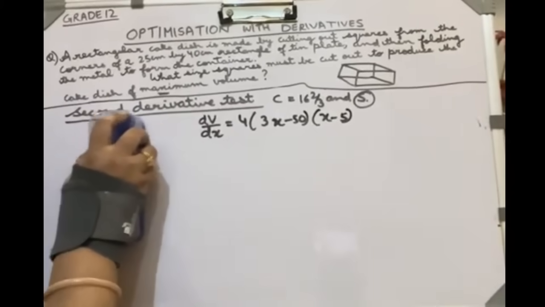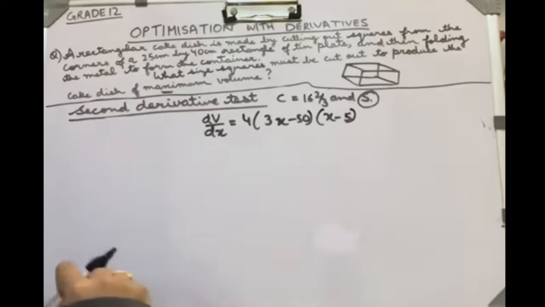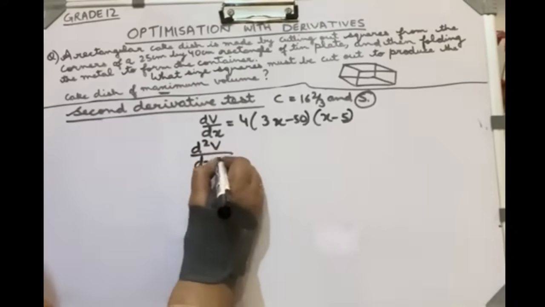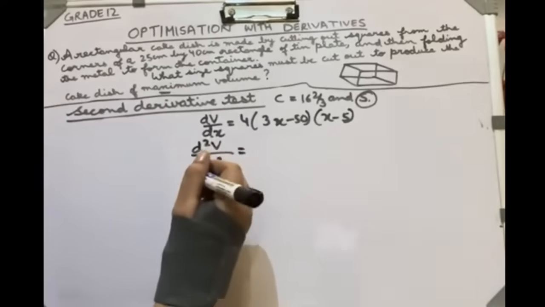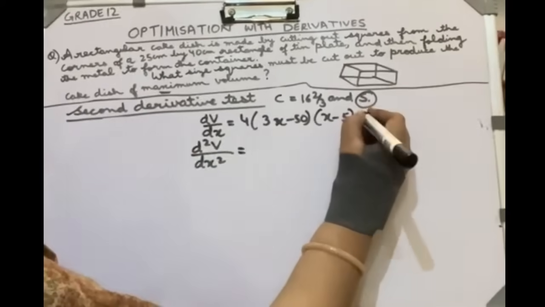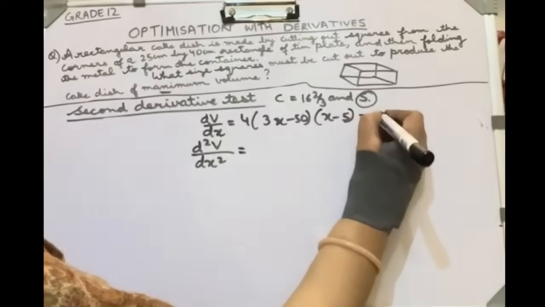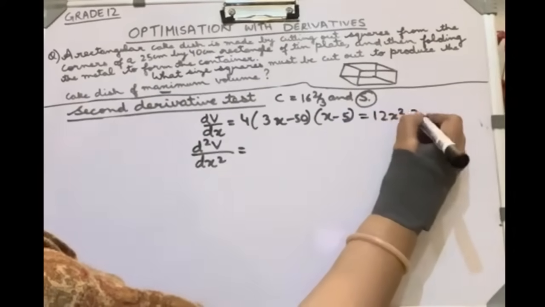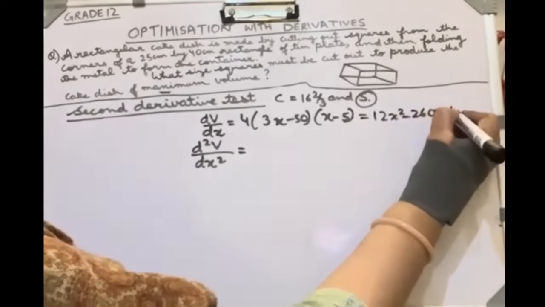The second derivative d2V by dx square, from the first expression, which is now dV by dx here, is 12x square minus 260x plus 1000.